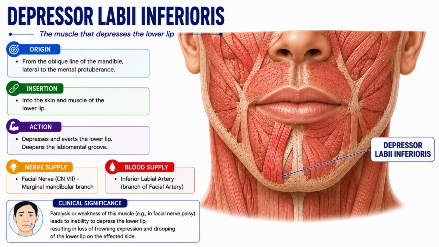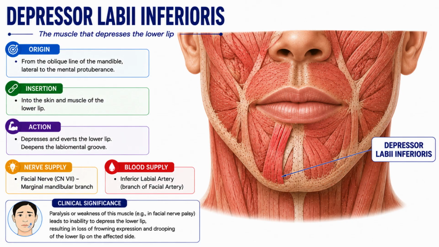Next, the depressor labii inferioris. It is a muscle which is also present in the chin area near the depressor anguli oris muscle. It also gets its origin from the oblique line of the mandible, lateral to the mental protuberance. It gets inserted into the muscles of the lower lip. Its main functions are it depresses and everts the lower lip, and also it deepens the labiomental groove.